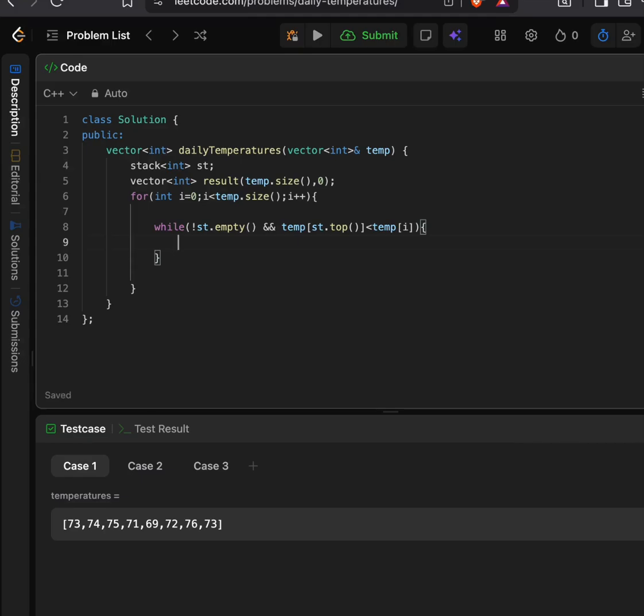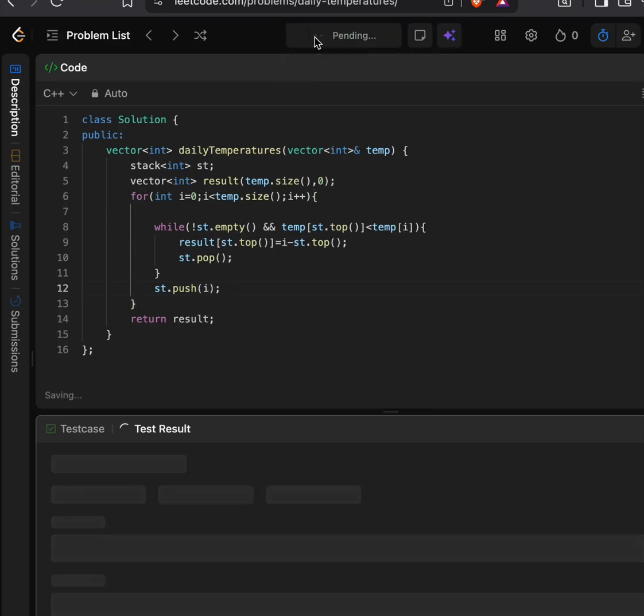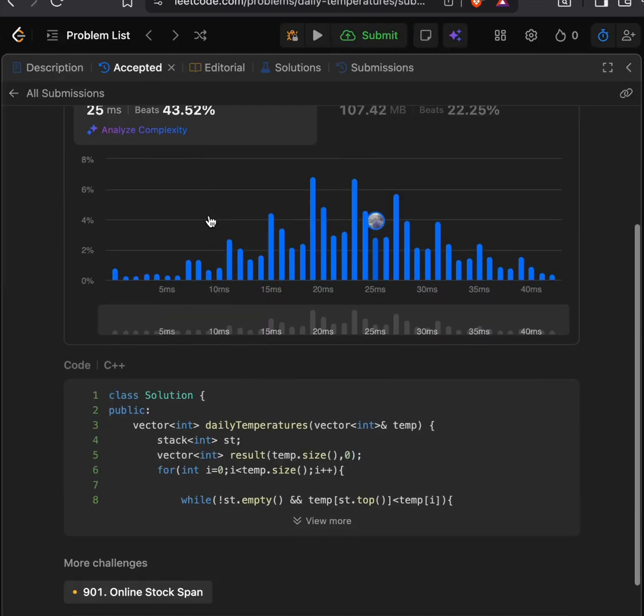So first let's store it in the result: result at st dot top is equal to i minus st dot top, then st dot pop. Then we'll push the index into the stack. Yeah, we are good.